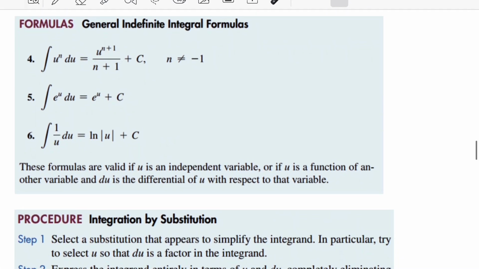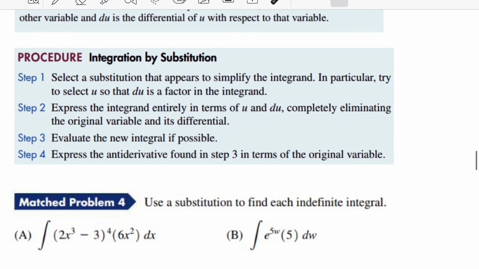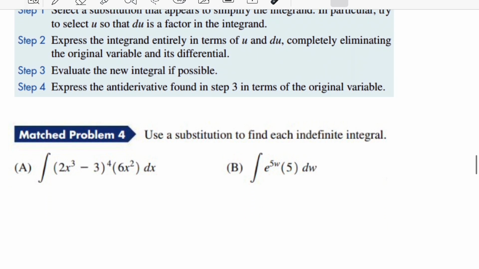So here is a little procedure for using integration by substitution. So we're going to select a substitution that appears to simplify our integrand, so what we're trying to integrate. Then we're going to express the integrand entirely in terms of u and du, and evaluate this new integral. So let's look at these two examples here.